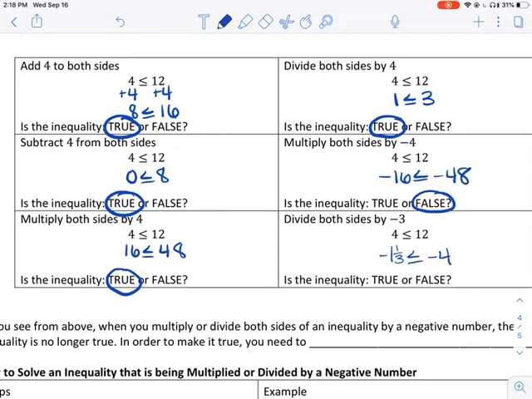And once again, you may be tempted, but this is false. So what we're going to do to make this true is to just change the direction of the sign. If I rewrite this as -16 is greater than or equal to -48, it works perfectly. And same thing with this one. So that's how we're going to adapt.